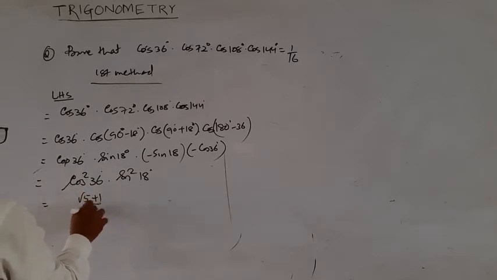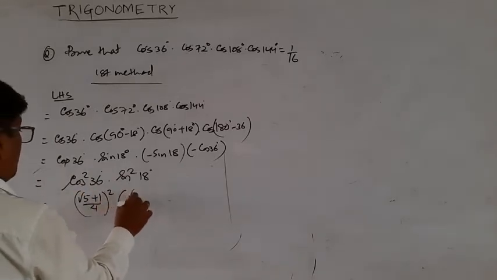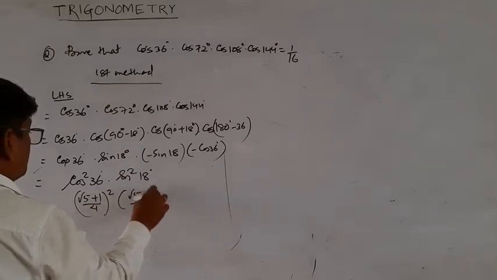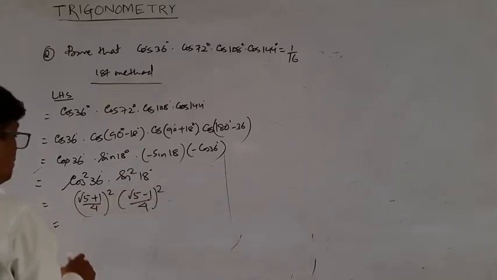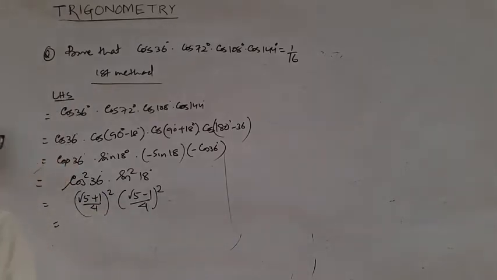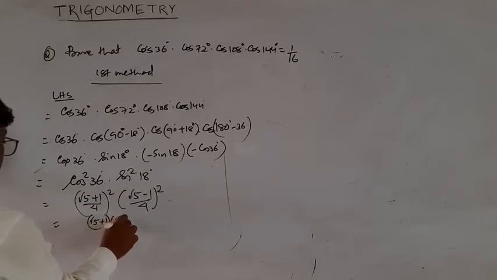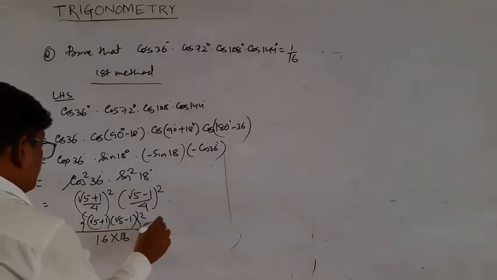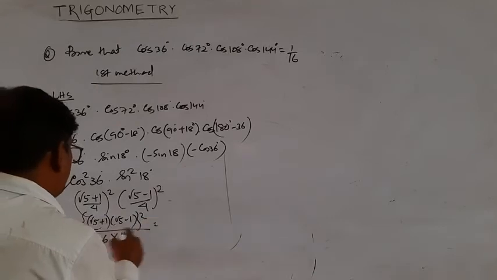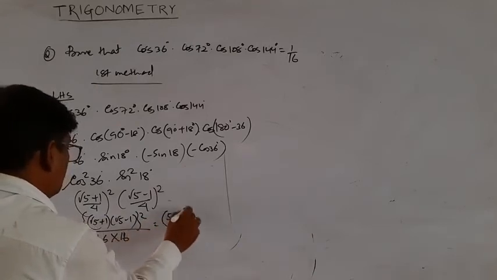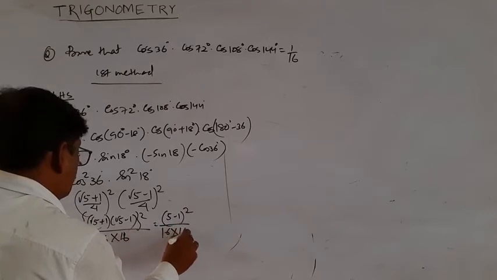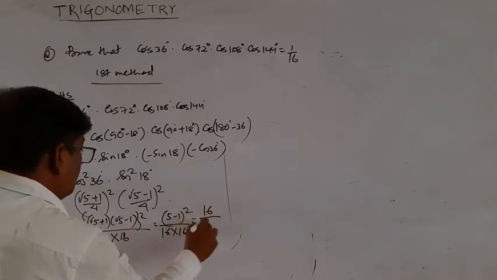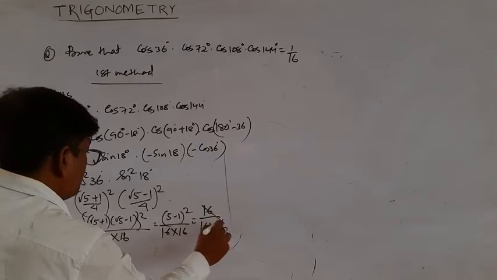Root 5 plus 1 by 4 whole square into root 5 minus 1 by 4 whole square. So this is equal to 16 and 16, that is (root 5 plus 1) into (root 5 minus 1) whole square divided by 16 into 16. So this is a square minus b square, that is (5 minus 1) whole square divided by 16 into 16, that is 16 by 16 into 16, that is 1 by 16.